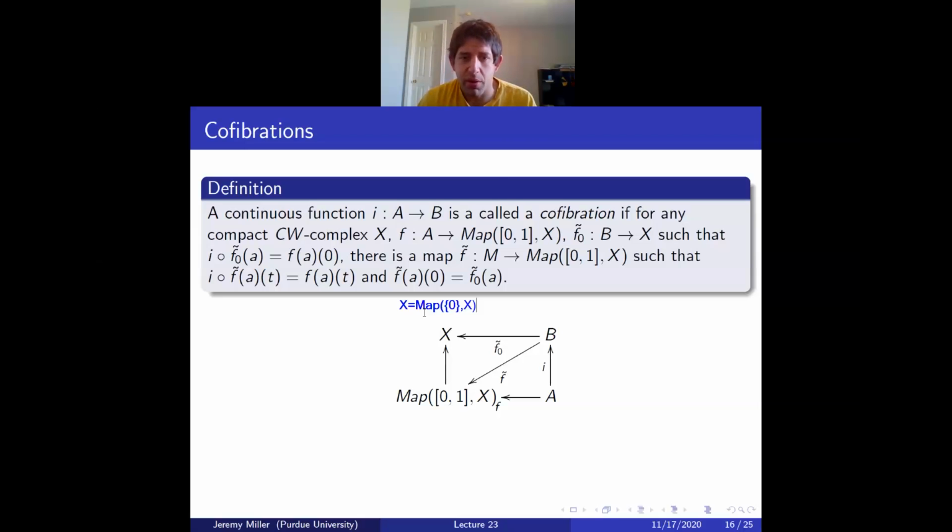So a cofibration is some sort of homotopy lifting, and this is homotopy extension. And it's just formally dual to being a fibration.